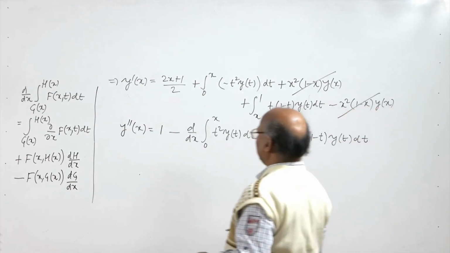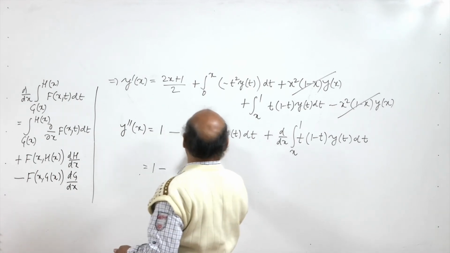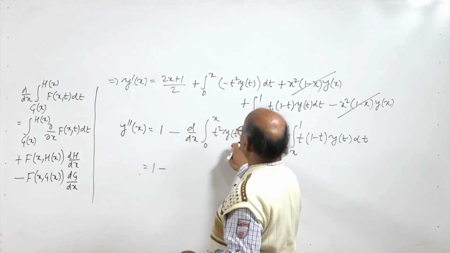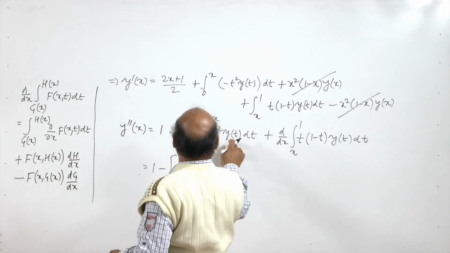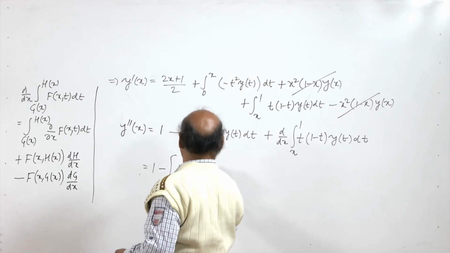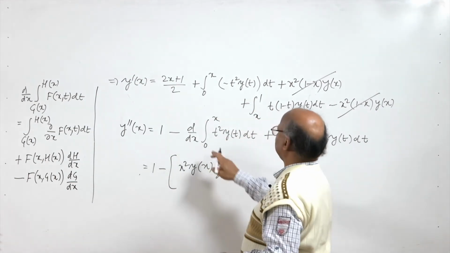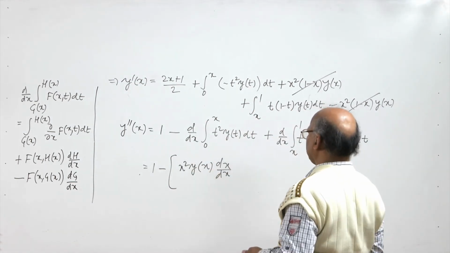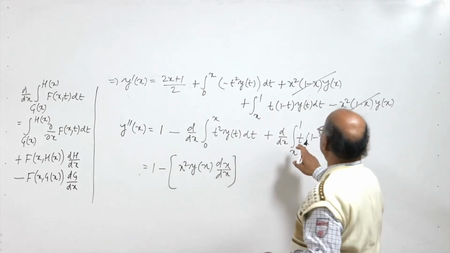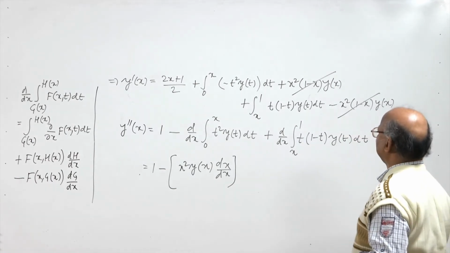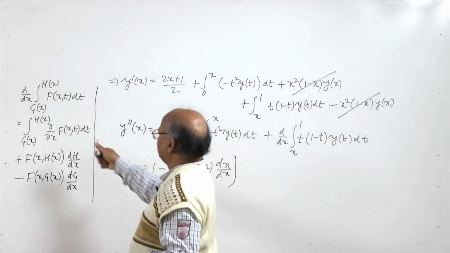Now, again we use the Leibniz formula. This is minus, then d over dx, the partial derivative of t square by t will be 0, so the first term will be 0. We put t as x, so x square by x, then dx over dx. We put t as 0, then differentiate 0 with respect to x, so the derivative is 0. Here again, when we take the partial derivative of this integrand with respect to x, it depends only on t, so its partial derivative will be 0, so this term will be 0.